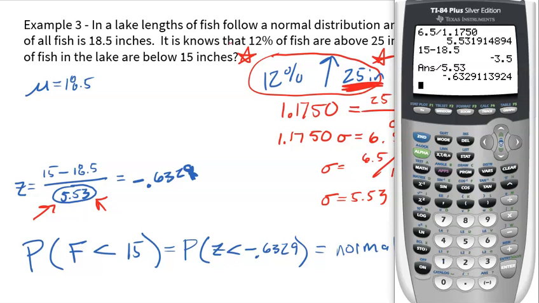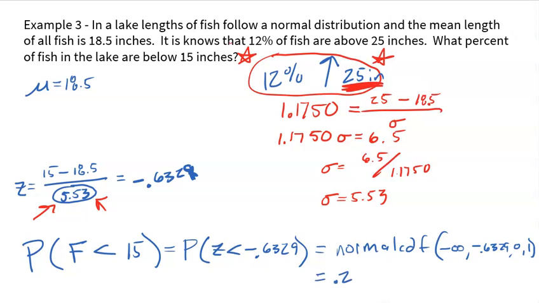And again, that's going to be second vars, number 2 here. And again, I'm going to go negative 99 because I'm starting way low, up into my z-score of negative 0.6329. And paste that into the home screen, which is what I wrote down on the paper here, and I get 0.2634. So the answer to the question, 0.2634, there's about a 26% chance that a fish is below 15 inches in this lake.